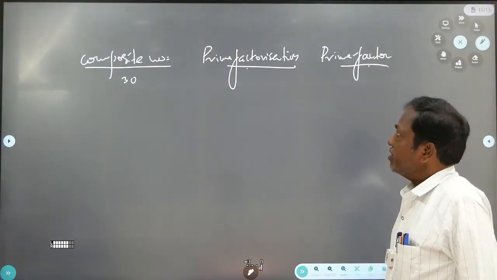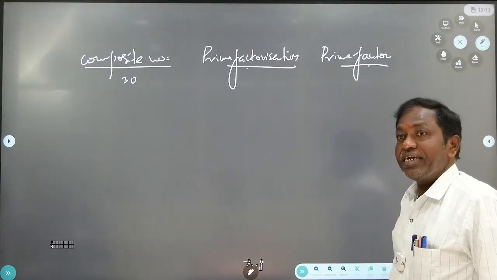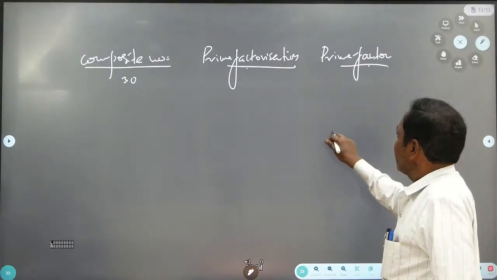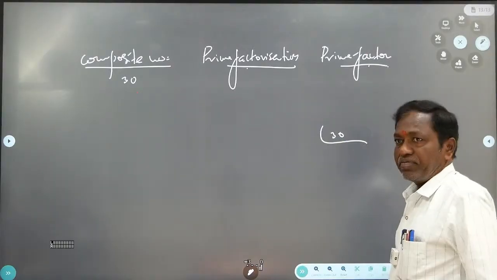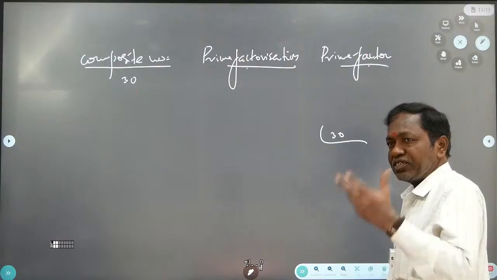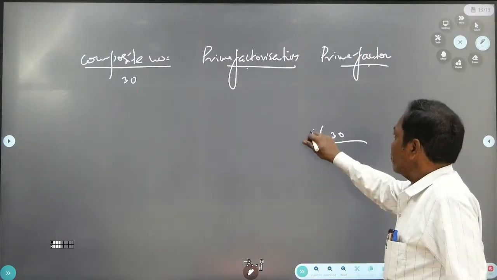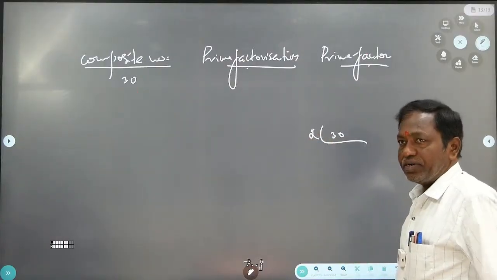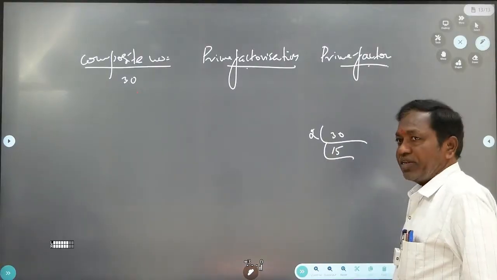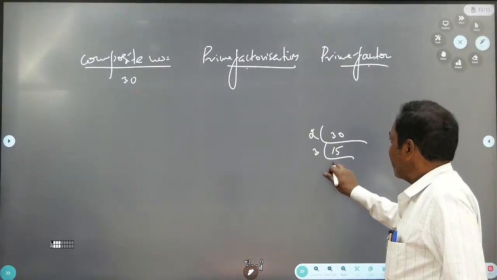And how to find the prime factorization? LCM, you have to take. For 30, always do the LCM with the least prime numbers. So, start with 2, since this is an even number. So, 2, 15. Then for the odd number, 3, 3, 5.